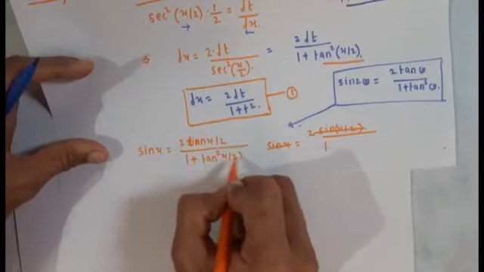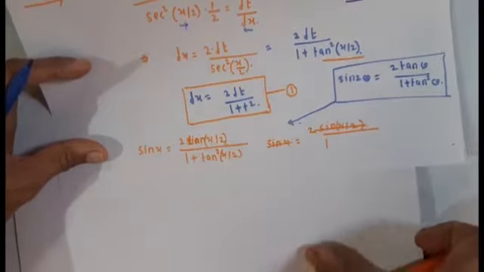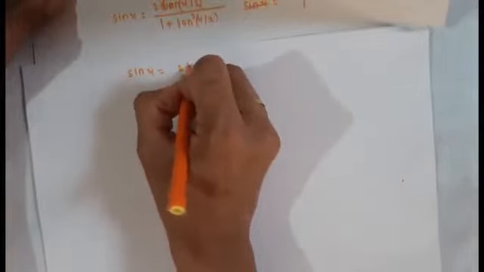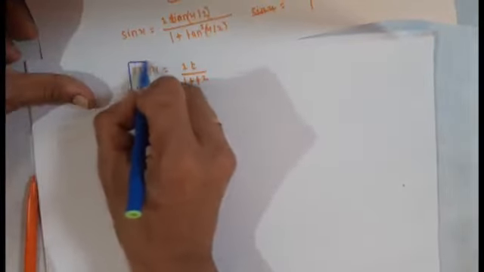Students, put the values and you will get sin of x equal to 2t upon 1 plus t square. This is the value for sin x.